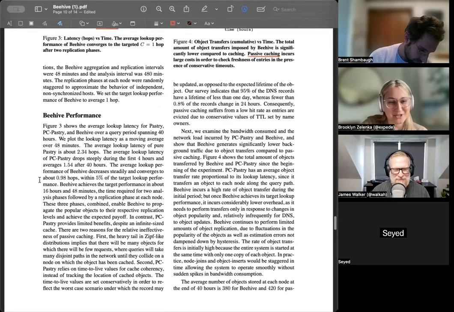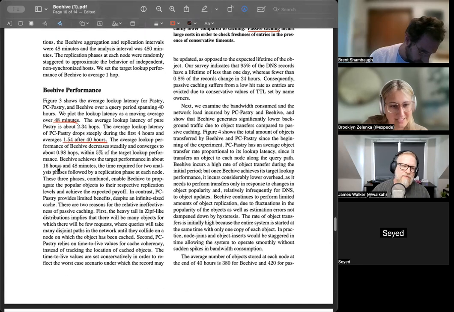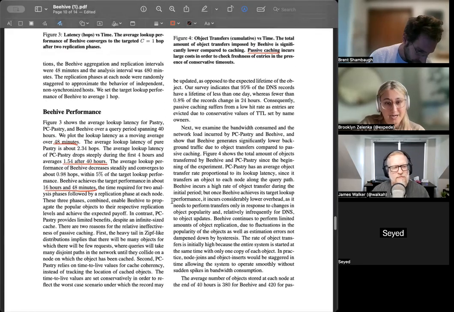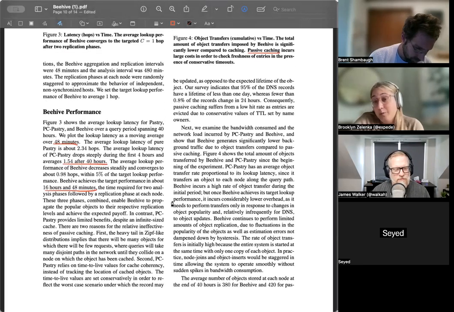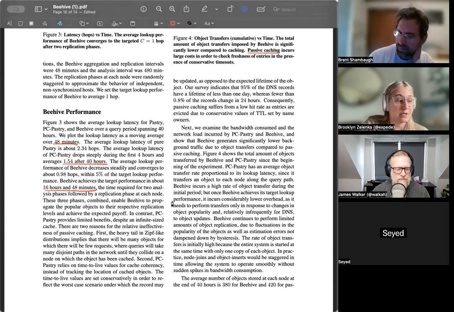That's 2 rounds because the latency is a rolling average over 46 minutes, 48 minutes. And here's 40 hours, right. So these are very, very long periods of time. I'm not sure that this generalizes. I don't know one way or the other if this generalizes to a network where you have nodes entering and leaving really quickly.